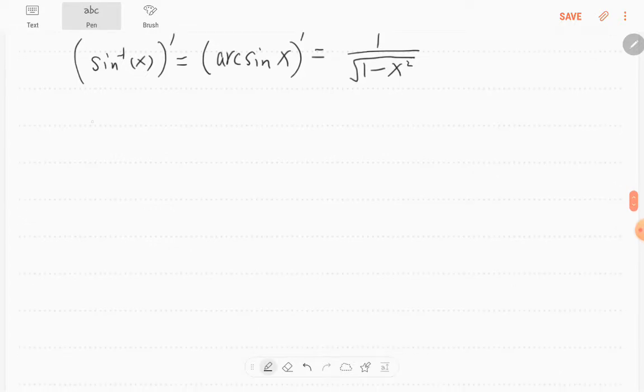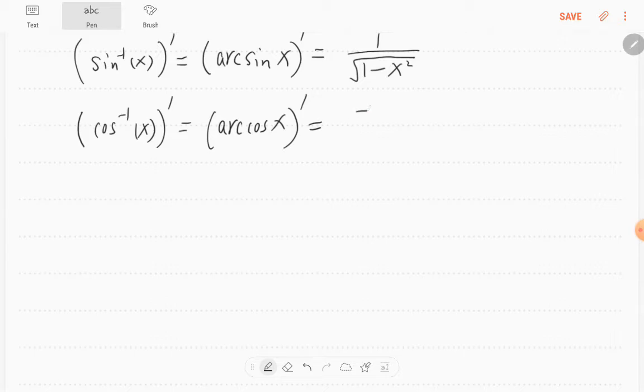The next one, cosine inverse, which can be written as arc cosine x. Take the derivative, it's equal to negative 1 over square root of 1 minus x squared.